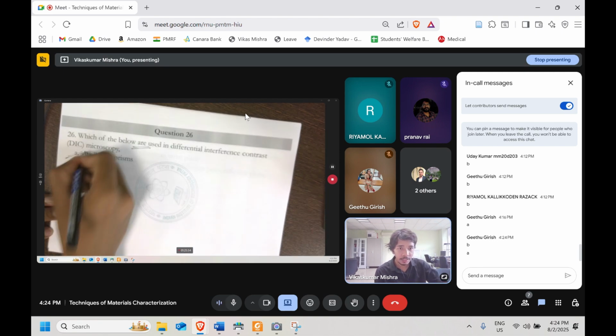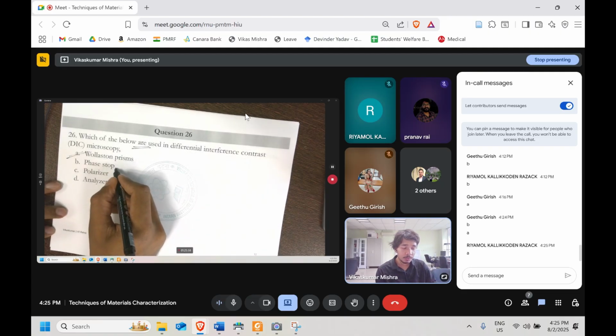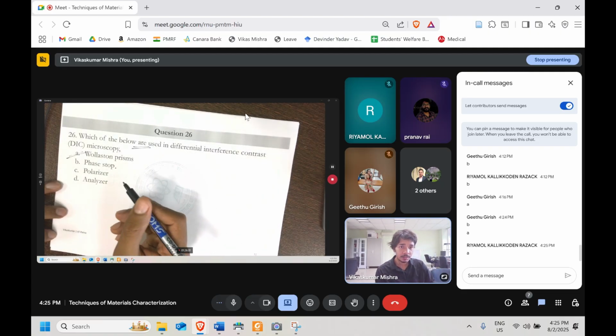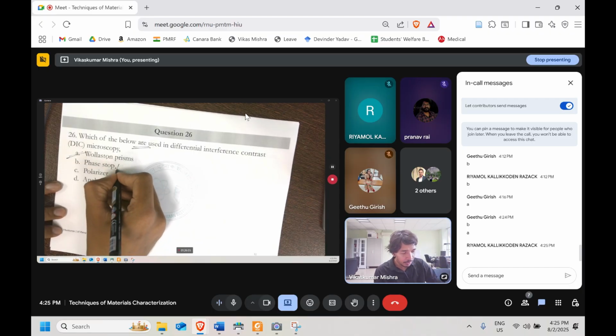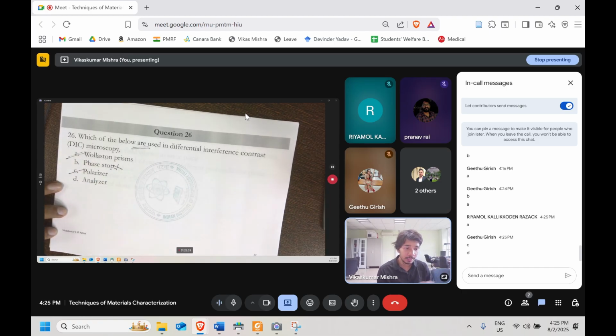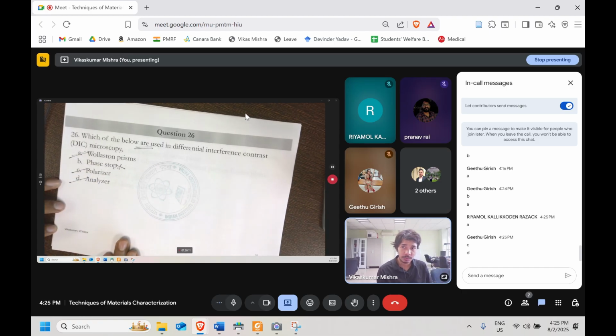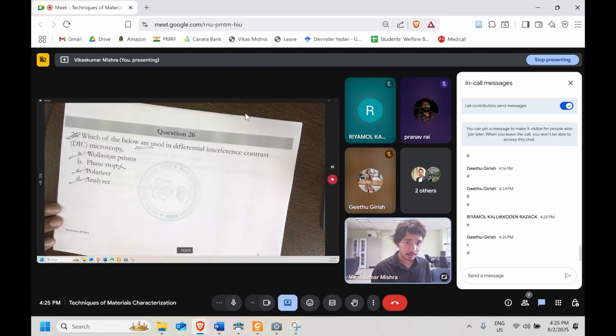Wilson prism, option A, is the right answer. Phase stopper we are not going to use over here. C, the polarizer we are going to use, and D, the analyzer, we are also going to use. Very good. So with that we have solved question number 26.